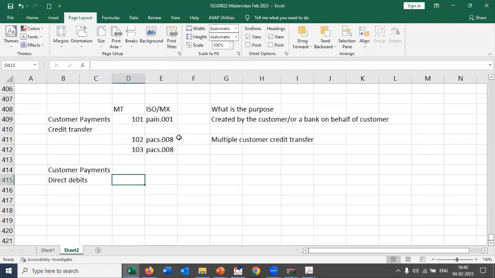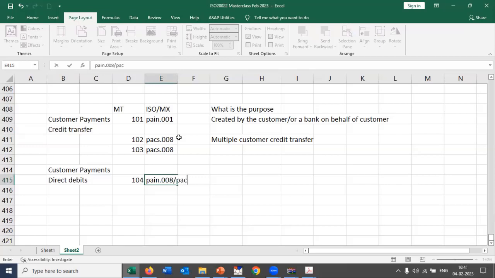Then the equivalent of that in the MT category will be MT104. The equivalent of that here in the ISO to initiate that direct debit, there will be first the pain.008 followed by pacs.003. These are the equivalent here.